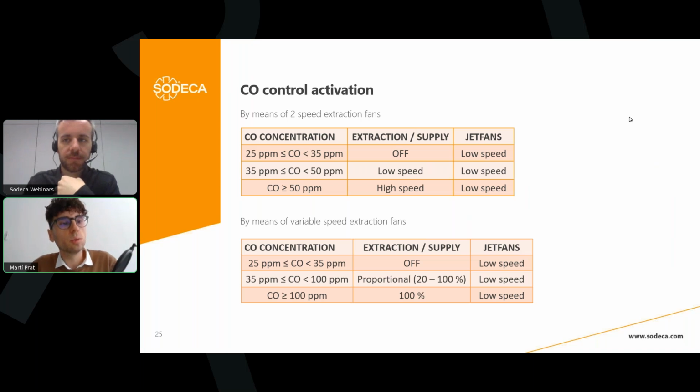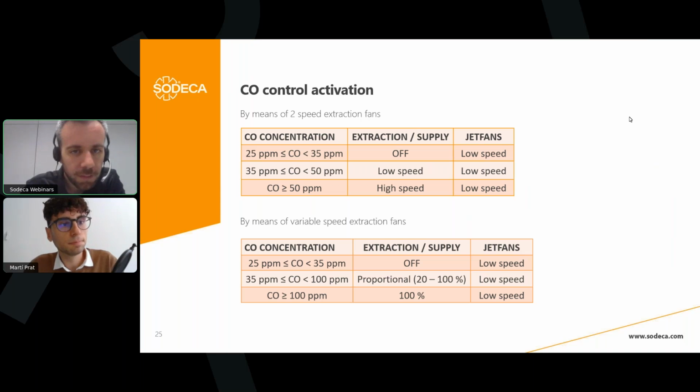What do we want to see? Do we want to see maybe if this jet fan distribution allows to clear all the CO produced by the vehicles? If it is the case, then it makes sense to do a CFD. But I think that it should always have a purpose.